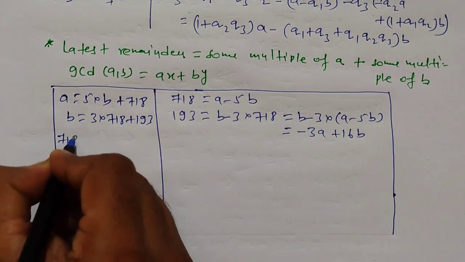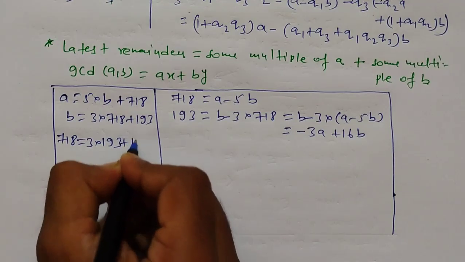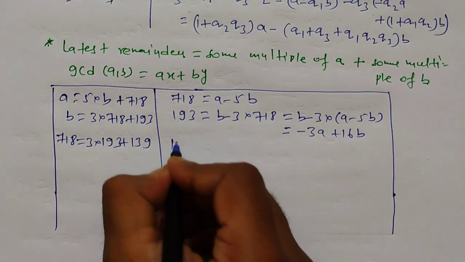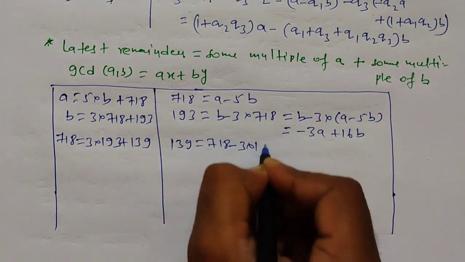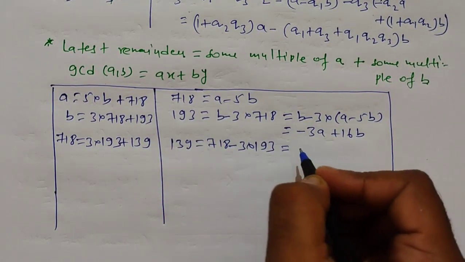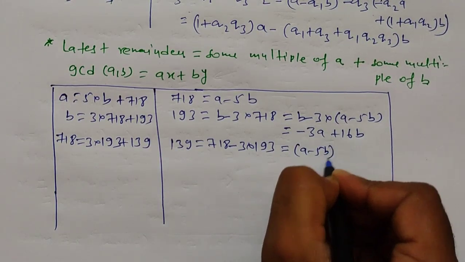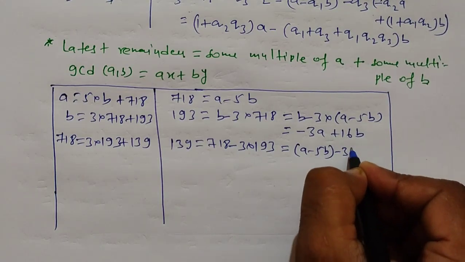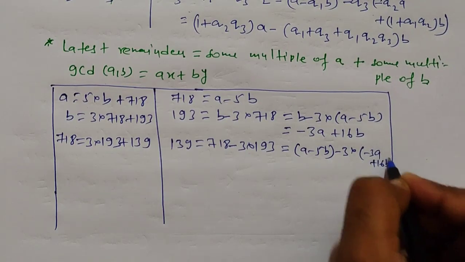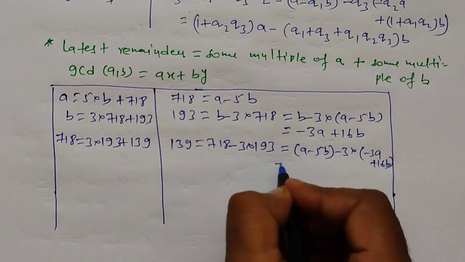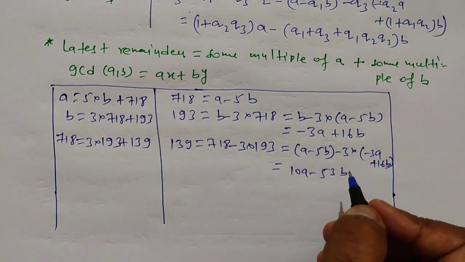Now 718 is equal to 3 into 193 plus 139, and here 139 is equal to 718 minus 3 into 193, and this is equal to A minus 5B minus 3 into minus 3A plus 16B. This is equal to 10A minus 53B.